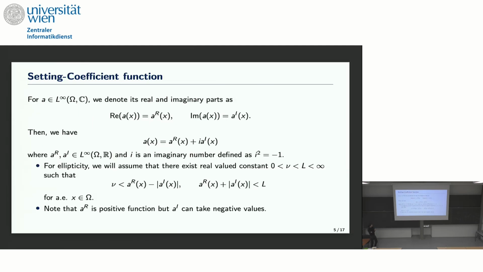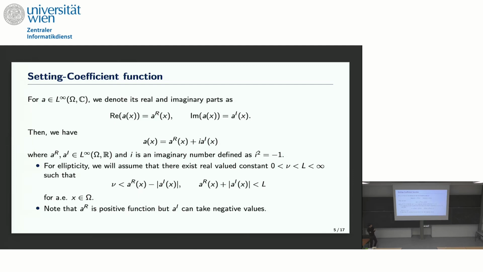Next, let me explain the coefficient function. For the coefficient function, let me write the real part as A_R and the imaginary part as A_I. Trivially, we can decompose it in this way, with i the standard imaginary number.